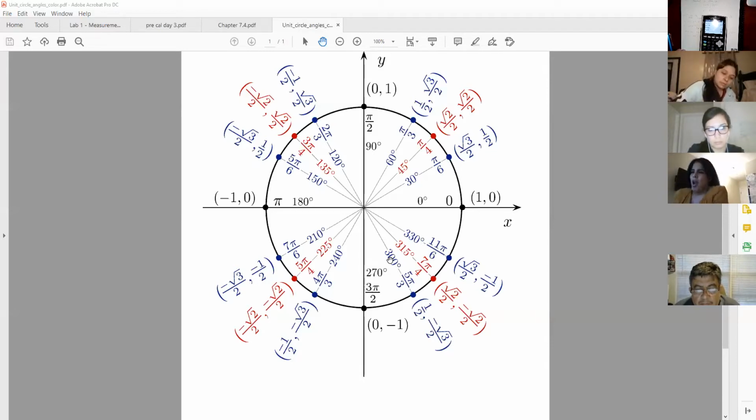So going negative is this way, but going positive would be 300 degrees. So I'd end up there anyway. And then you can just choose whatever you need. You would choose negative, right? This is the same as sine of 300, which is negative root 3 over 2.